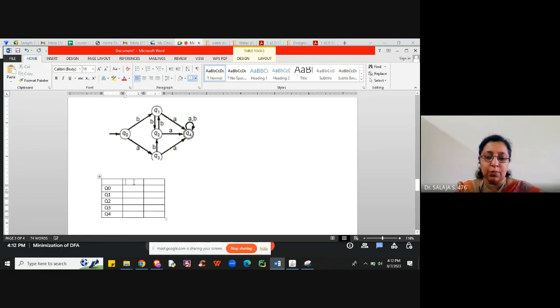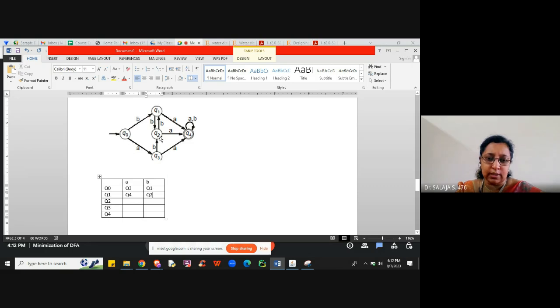The input symbols are A and B. From Q0, on B you move to Q3, and on A you move to Q1. From Q1, on A we move to Q4, and on B we move to Q2.